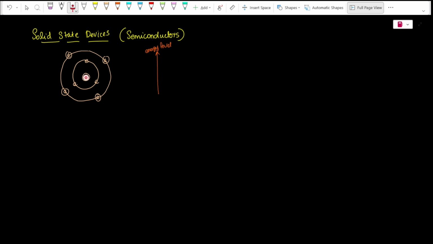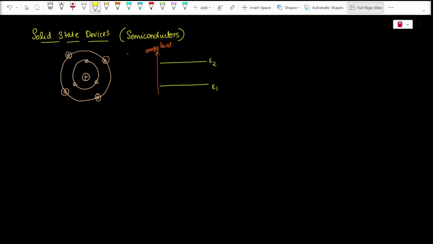Because an electron located at a particular distance away from the nucleus has some energy associated with it. The energy of this particular shell is, let's say, around here, but this other shell is separated by a larger distance, so we have the energy somewhere here. This is my energy E1, and let's say this is my energy E2.